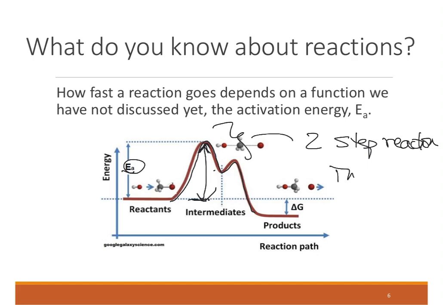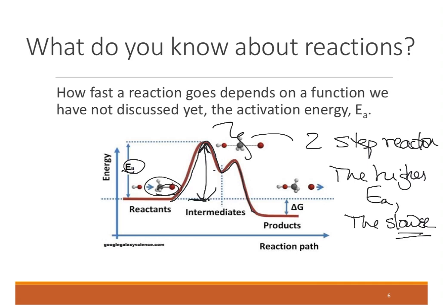And the higher the activation energy, the slower that reaction is. Okay? So imagine this is you down here and somebody tells you to go as fast as you can over this mountain. It's going to be harder and take you longer to get over this big mountain than it will the second one. So this first step is the slower step of these two. And this one is the faster step because it has a lower activation energy.